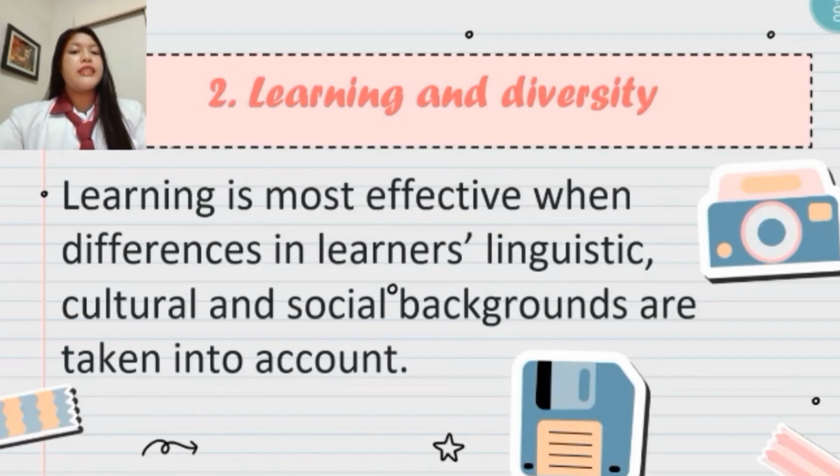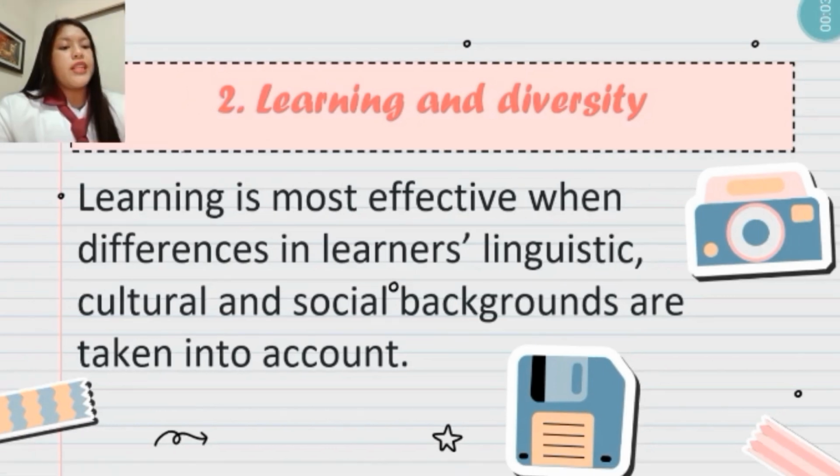The second is learning and diversity. Learning is most effective when differences in learners' linguistic, cultural, and social background are taken into account. Since we are in a diverse world, we have to take into consideration the language, the culture, and the background of learners.